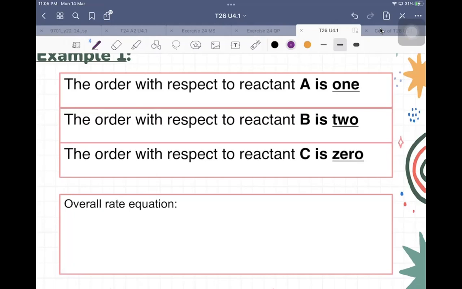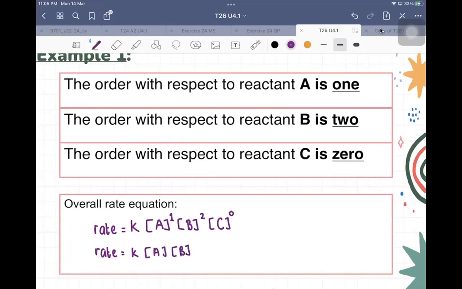I have to write down the rate equation, where rate equals K times the concentration of A to the power of its order, which is just 1, times the concentration of B to the power of its order, which is 2, times the concentration of C raised to the power of its order, which is 0. So if I tidy this up, rate equals K times concentration of A times concentration of B squared.